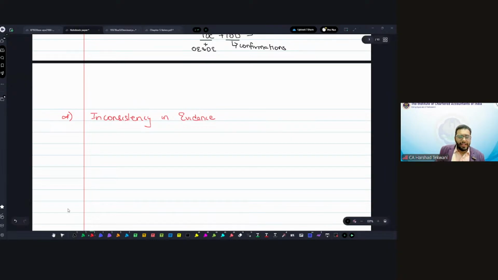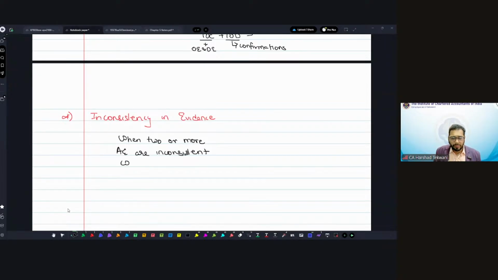That means when two or more pieces of audit evidence are contradictory, or there is an inconsistency between them, when two or more audit evidence are inconsistent with each other, what will you do?